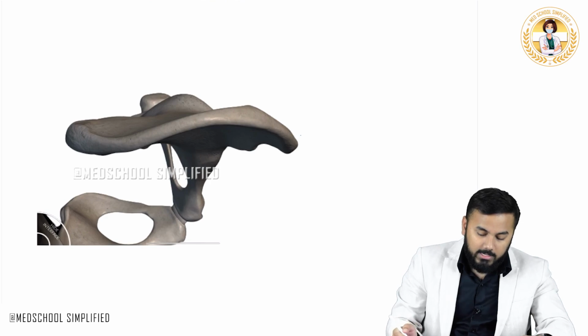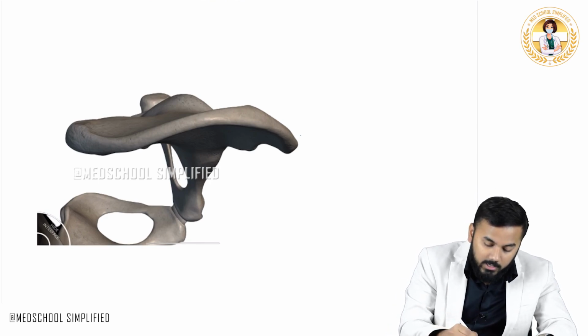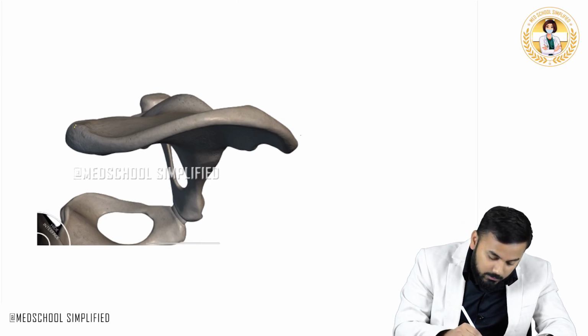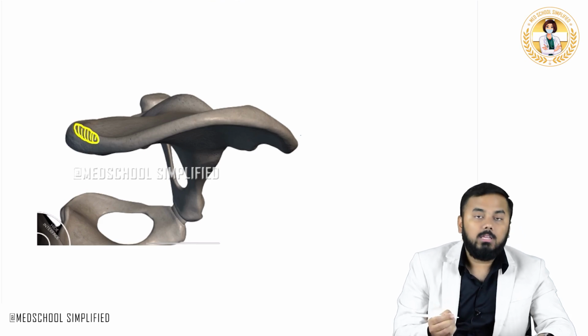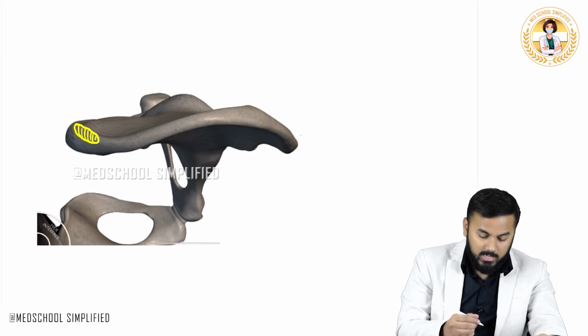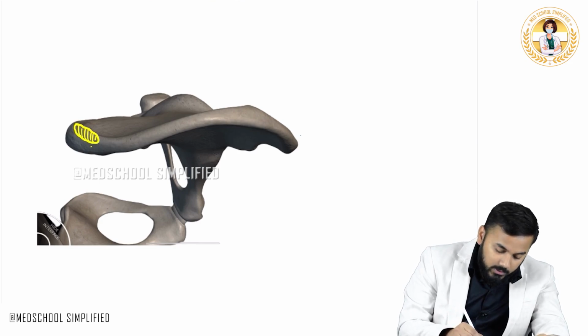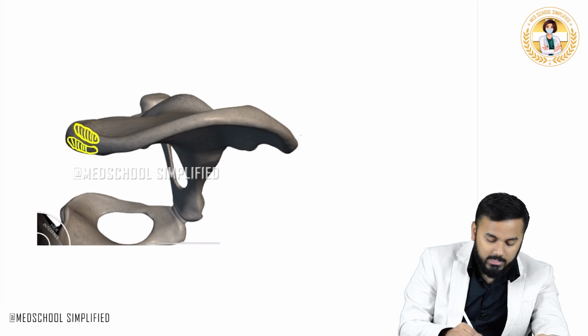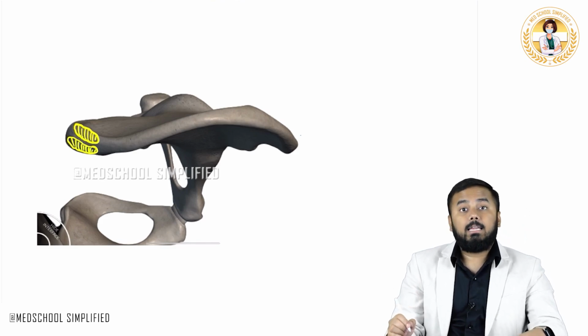First important thing is that if you look here carefully, you find two important muscles. This muscle over here is called gluteus maximus. This is the place where the gluteus maximus is present. Just below that, this is the place where another muscle is inserted, called the erector spinae muscle.